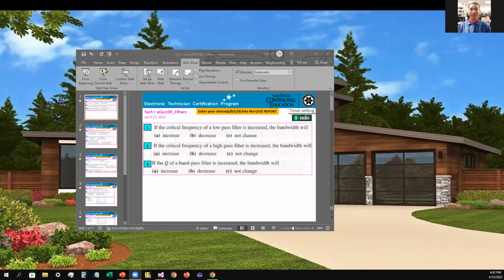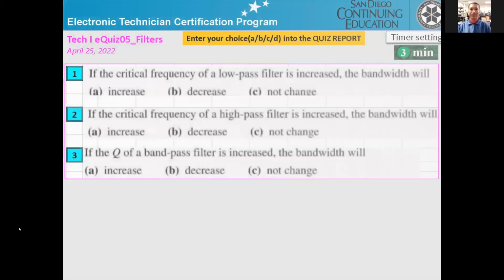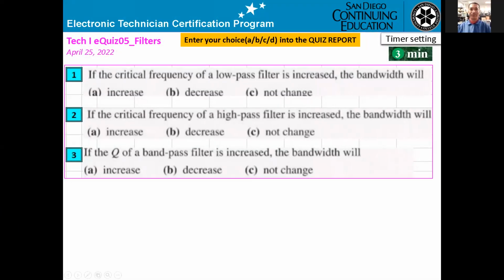Let me share screen. Okay, let me see, transition. Okay, look like. Maximize. Okay, can you see it now? Yeah. Okay.